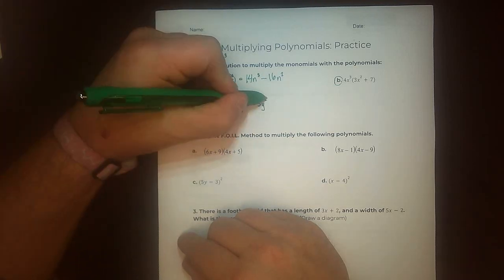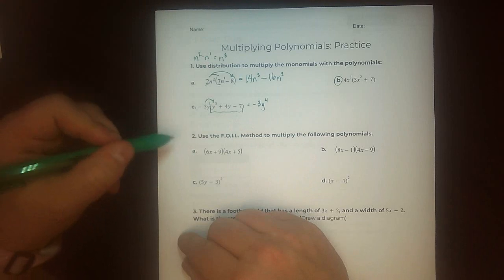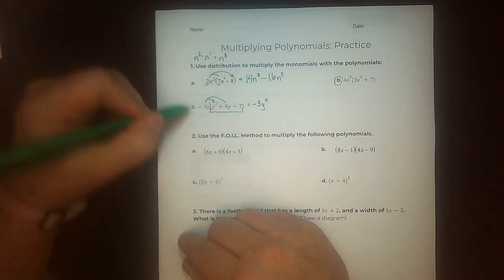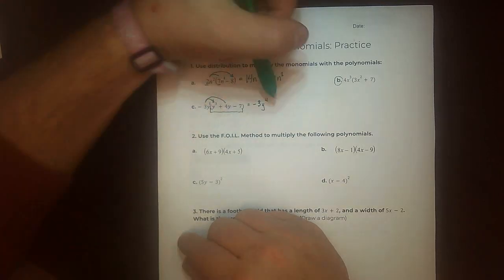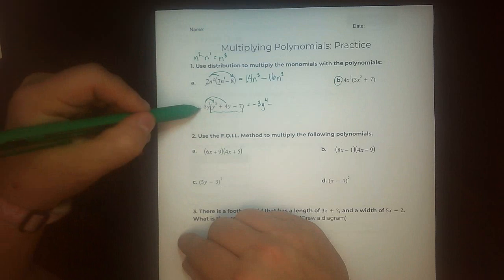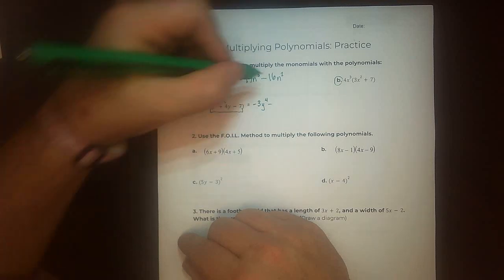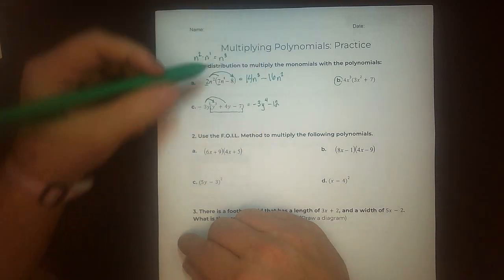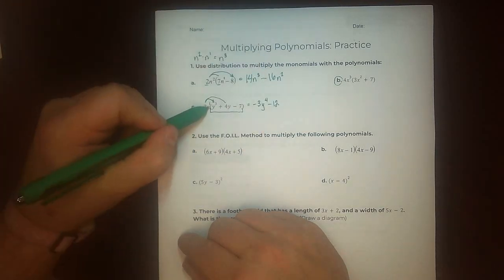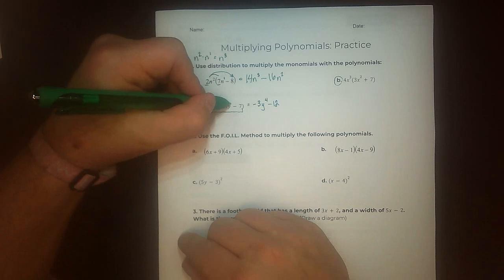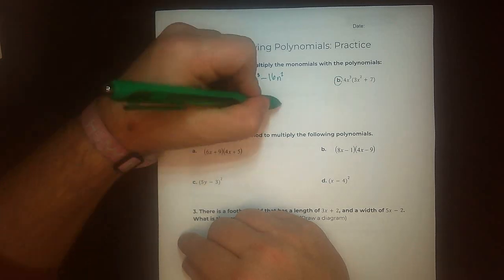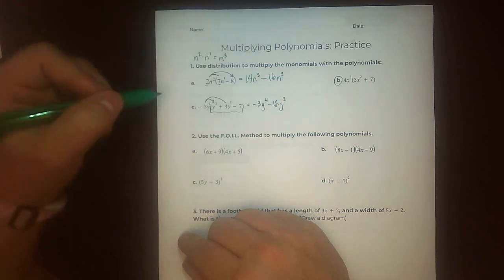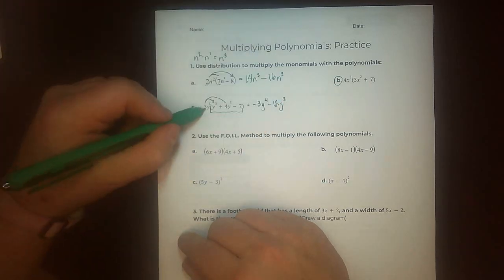Well, that's going to be y to the fourth power, right? Then we multiply. Again, negative times a positive, we know it's going to be negative. Negative 3 times 4, so negative 12. Then let's multiply the y portion of it. Y to the first power times y to the first power. That is y squared. Then negative 3y times negative 7.